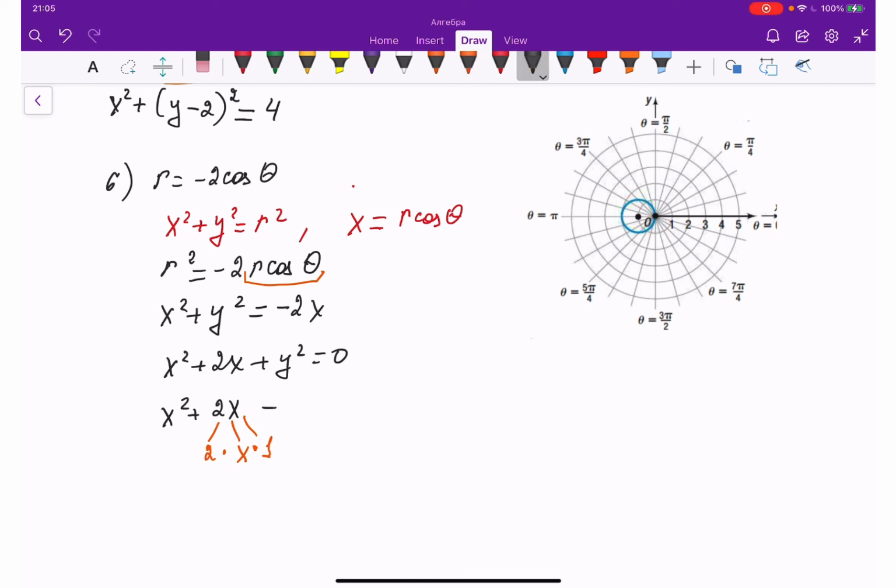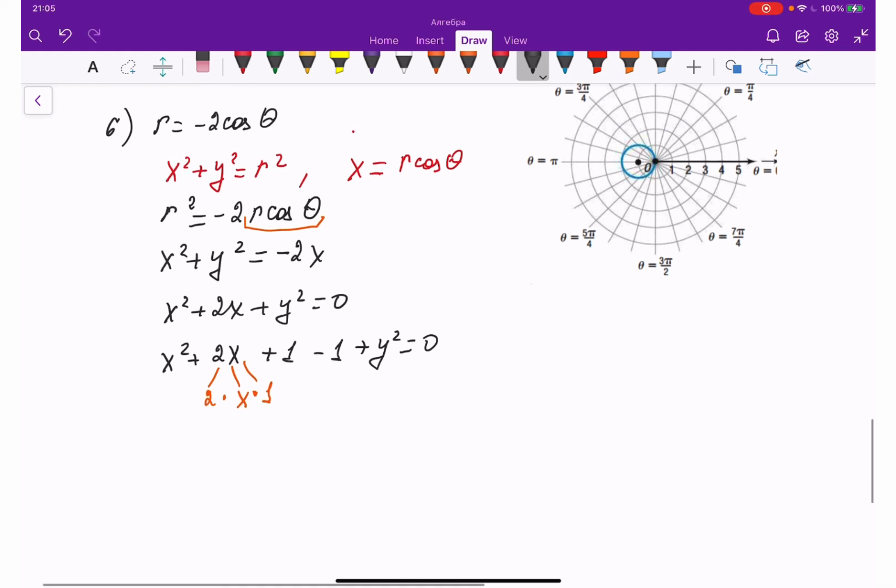So we are doing plus 1, and to balance the equation, doing minus 1 also, plus y squared equals 0. And from here, this piece is going to be (x plus 1) squared plus y squared is equal to 1.